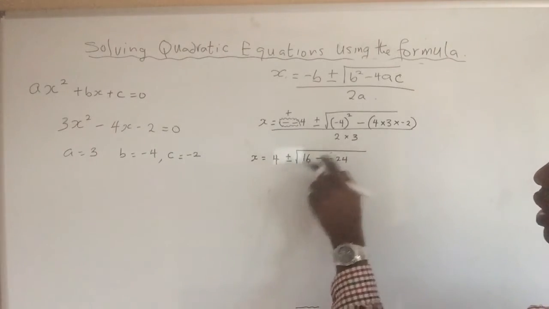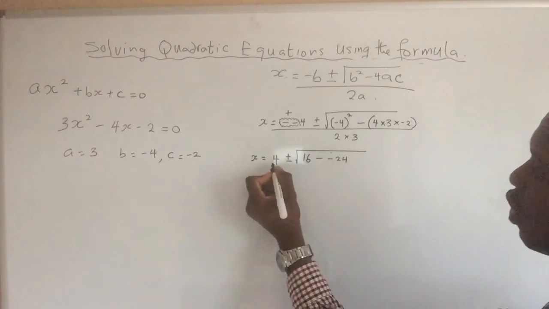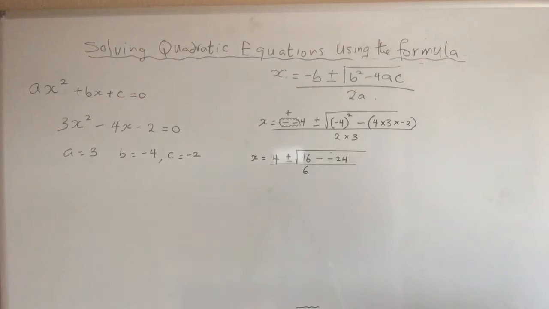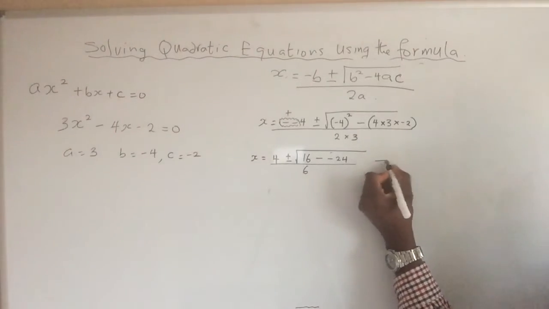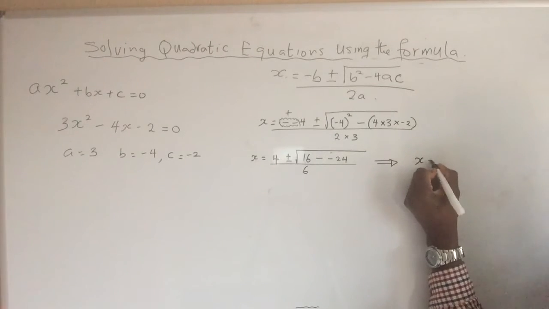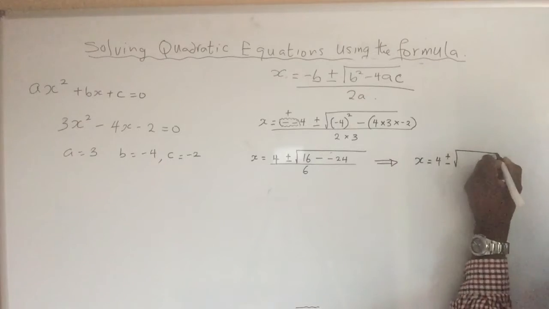So 16 minus all of this minus 24, all divide by 6, because 2 times 3 is 6, which I can continue to solve here as x equal to 4 plus or minus the square root.